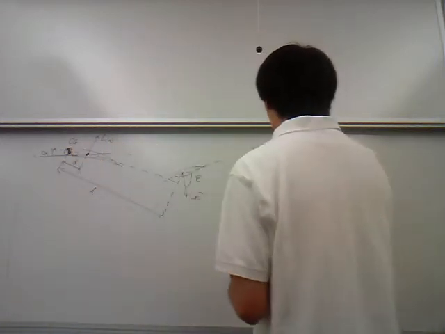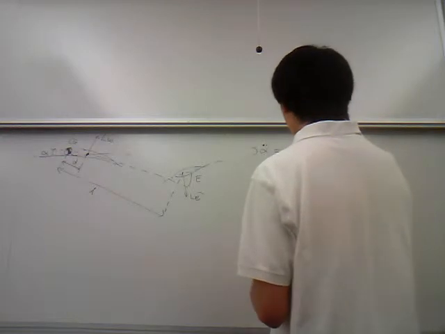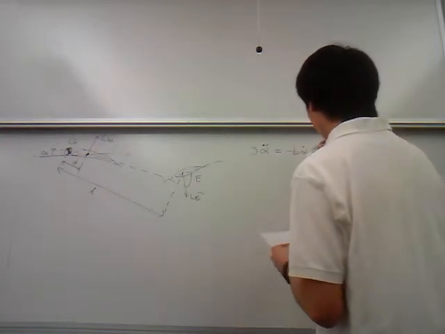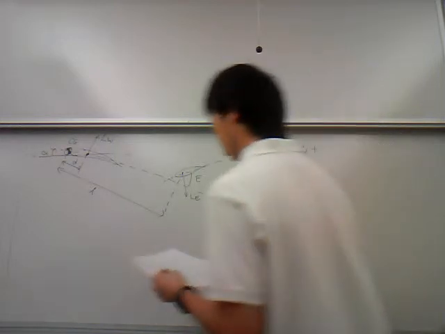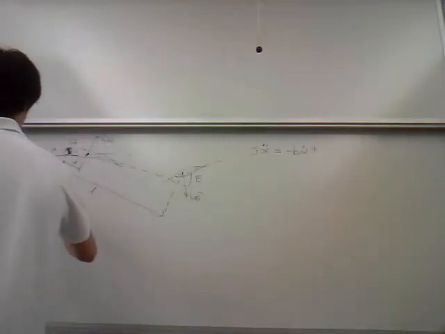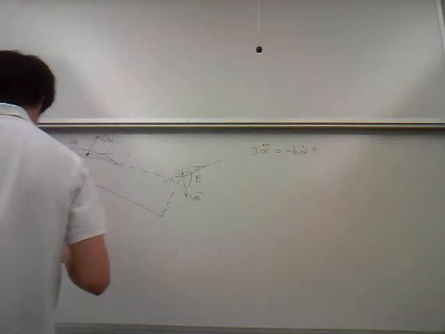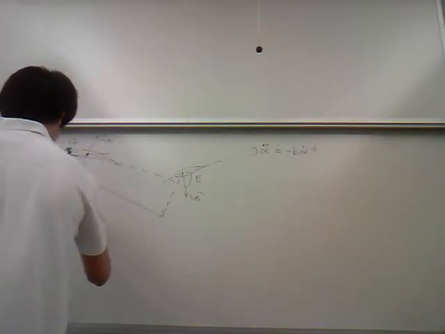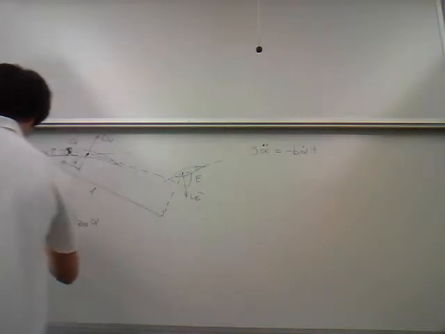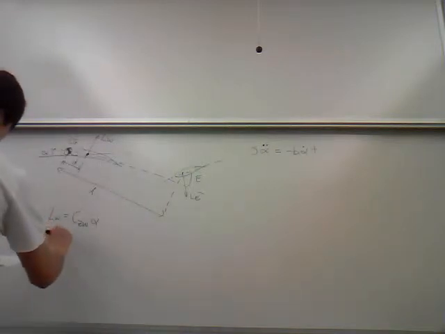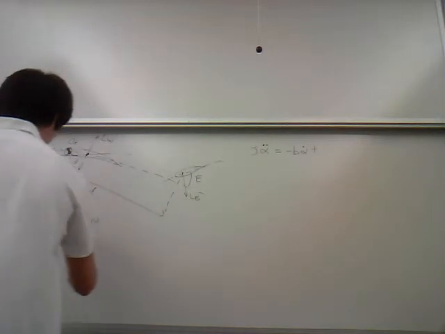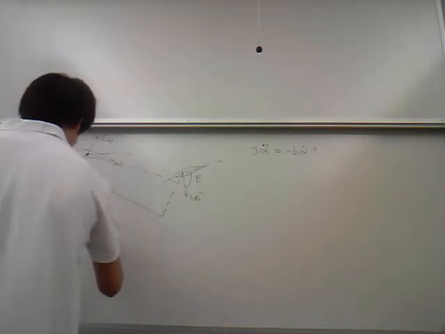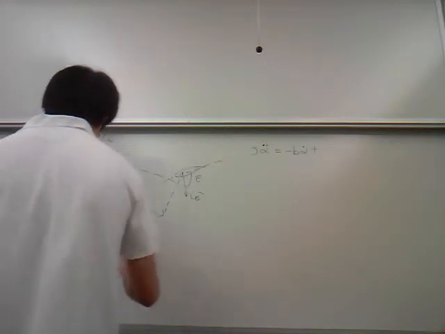We'll call that some constant beta times alpha dot, plus, we're going to have the lift be a linear function of alpha, and we're going to have the lift of the tail be some other constant c, so c e times e minus alpha.